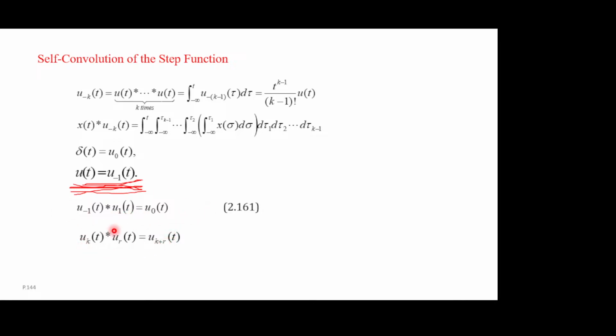And in general, you have u sub k convolved with u sub r, and it will become u sub k plus r. And those k and r can be anything, from negative infinity to positive infinity. Okay, so k and r can be anything, and this will be true.